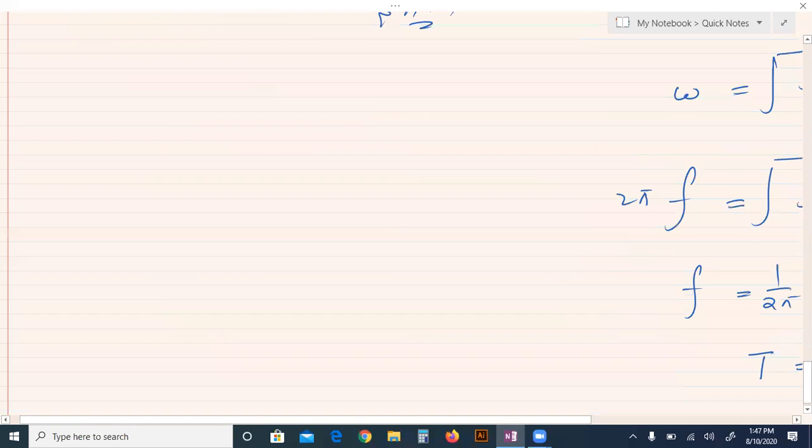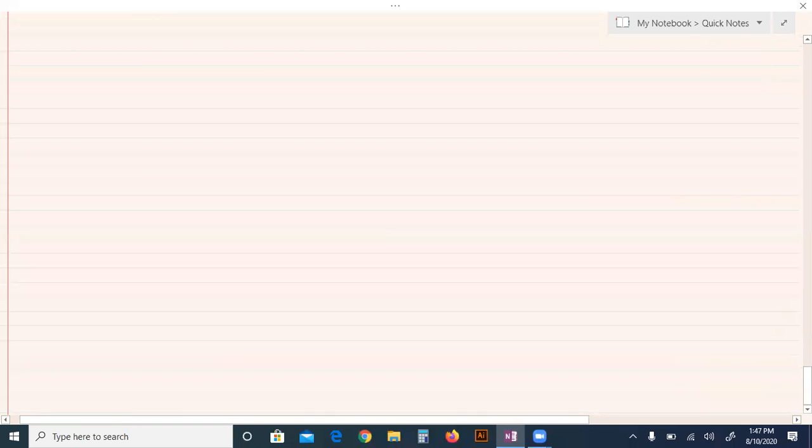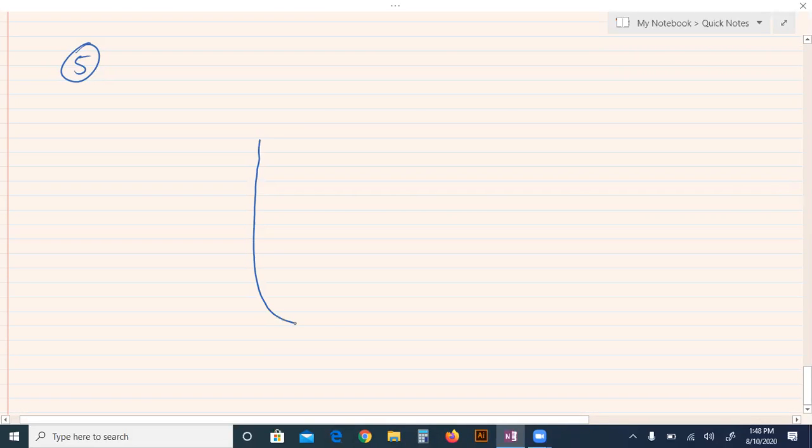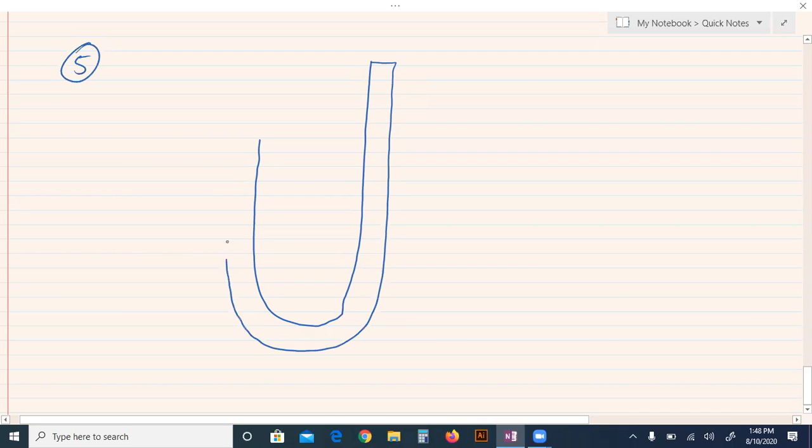Now, move to the next example, which is very, very important. And this is example number 5. Suppose we take a U-shaped tube, J-shaped or U-shaped, it's up to you. It is open at both ends.